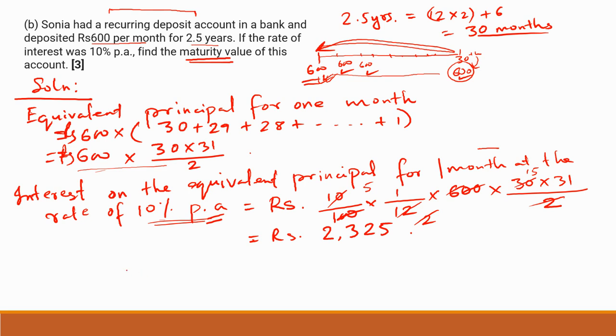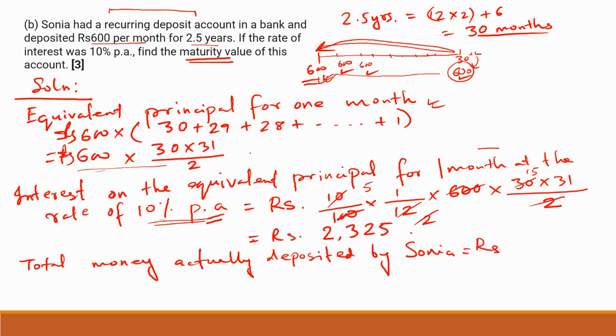And how much amount she actually deposited. So this is the equivalent principal for 1 month, but how much amount she actually deposited? Total money actually deposited by Sonia.